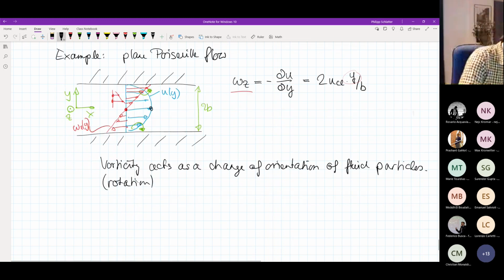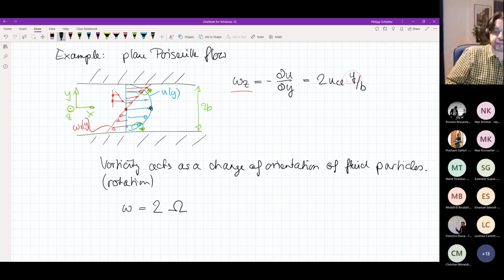So at the end, we can associate the vorticity with an angular velocity. And it turns out that it is a factor of 2 times the angular velocity that you would have at a local position.